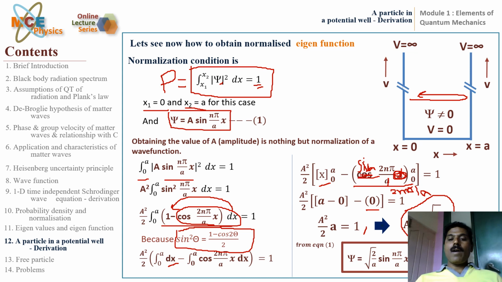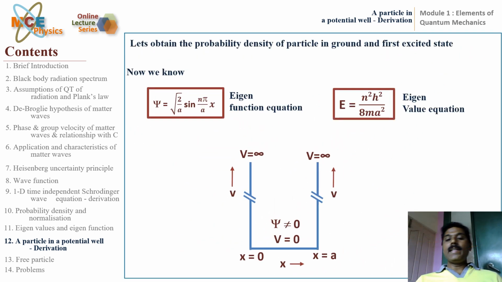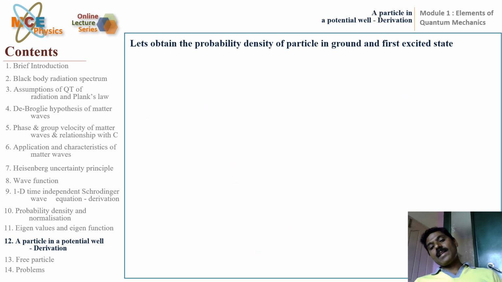And in the third part of the derivation, we need to derive the expression for the probability function for the different energy levels, and also eigenvalues. Eigenvalues we have already calculated, so no need to repeat. Let us discuss the different values of psi and mod psi square. Why should we take mod psi square?